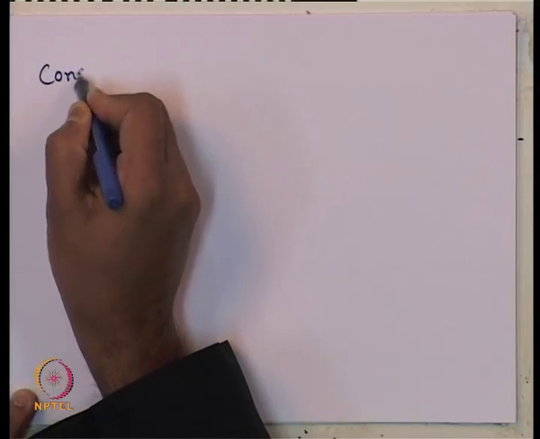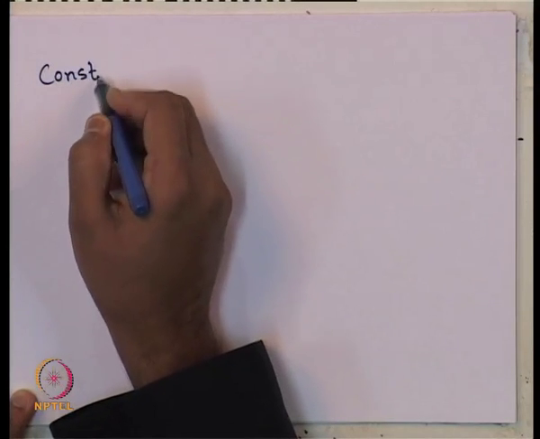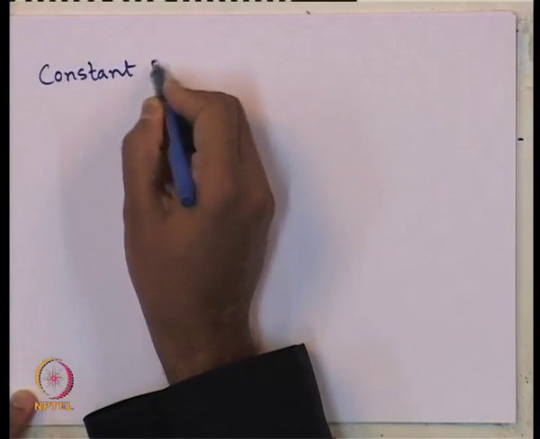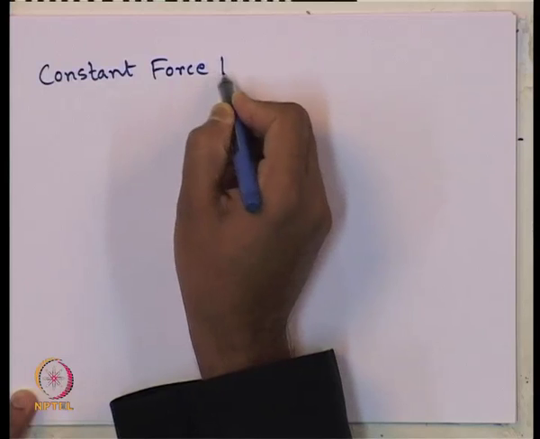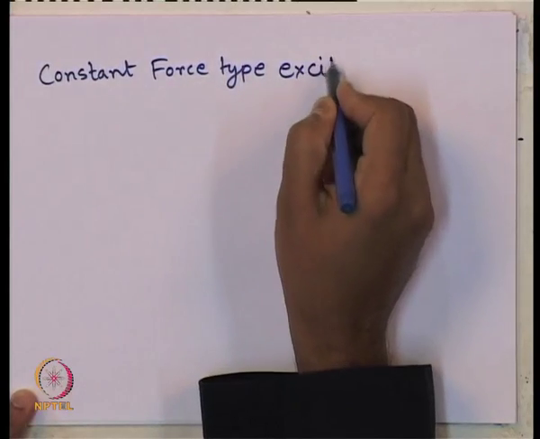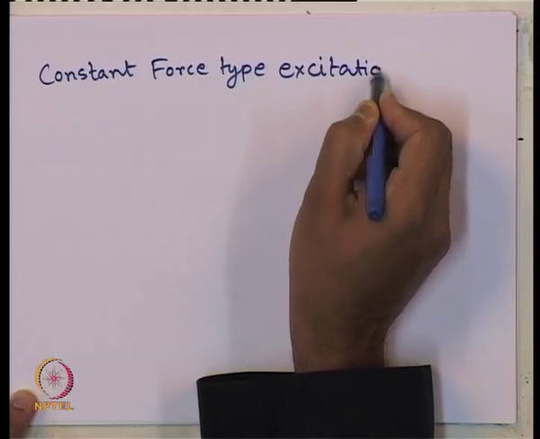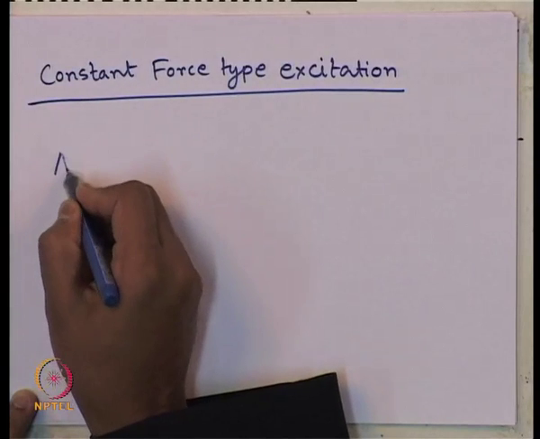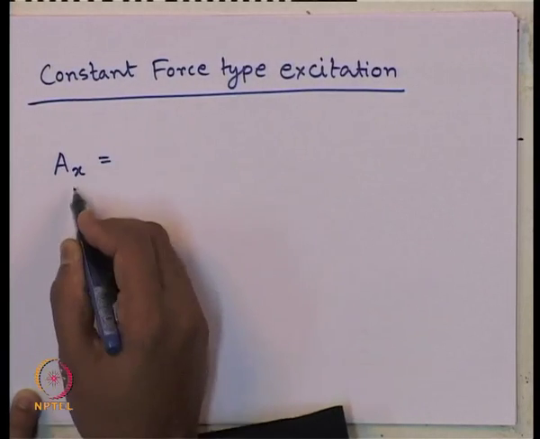So, for constant force type excitation, A x, in this case it is horizontal.